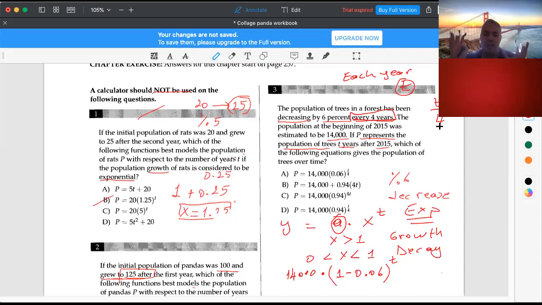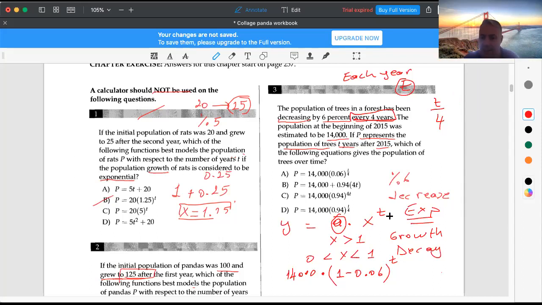Each year, t in the formula. If it is different than 1 year, if it says 4 years, we have to divide by 4. So when I check this, t over 4 here, t over 4 here, this is 4t, not possible. So first or second, which one?